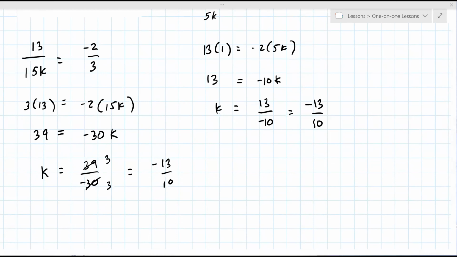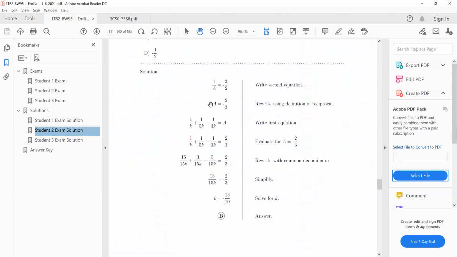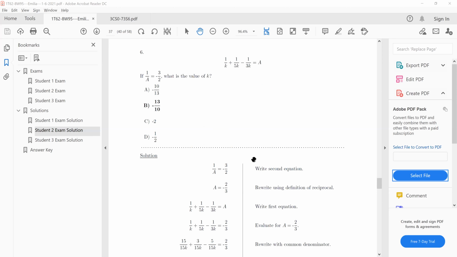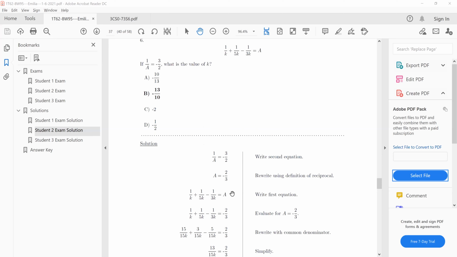And then, yeah. So let me briefly show you the, I'm not sure what I'm showing. I hope it's the PDF. I just want to remind you that the student 2 exam solutions, as well as the first exam solutions, are here, and they show you step by step what to do to be able to solve this problem.